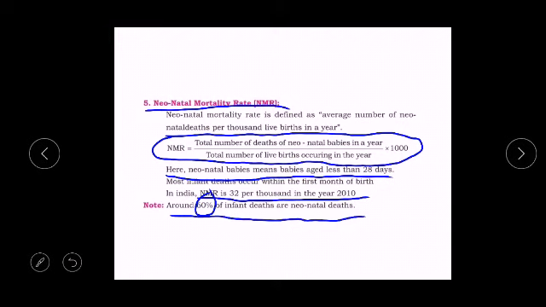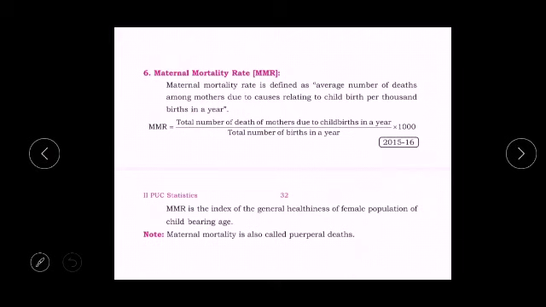And next one is maternal mortality rate, MMR. So here we study the death of mothers, not babies. Maternal mortality rate is the death of mothers due to causes relating to childbirth.